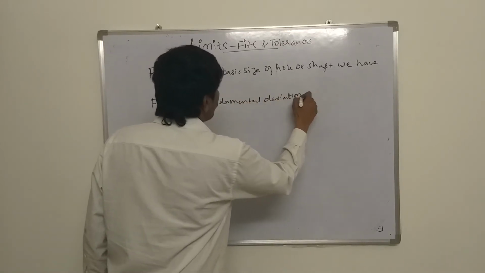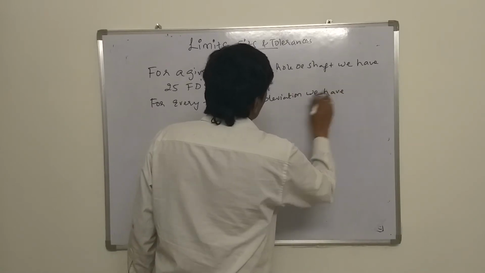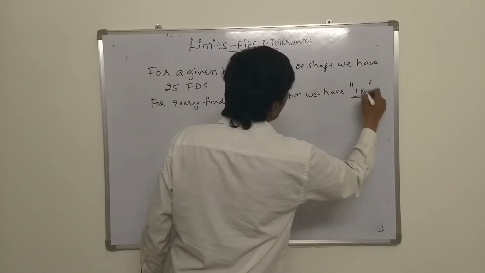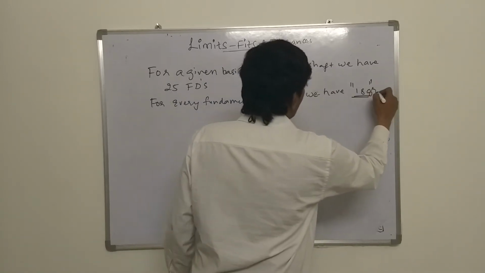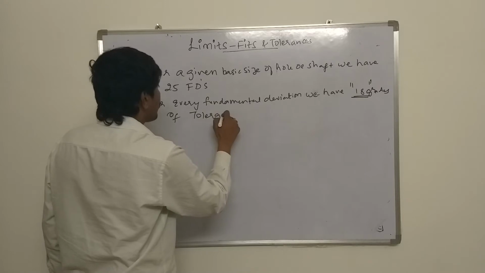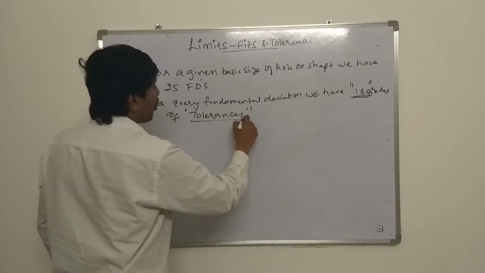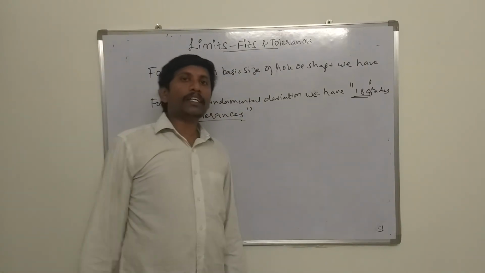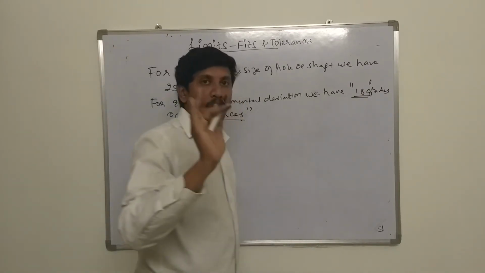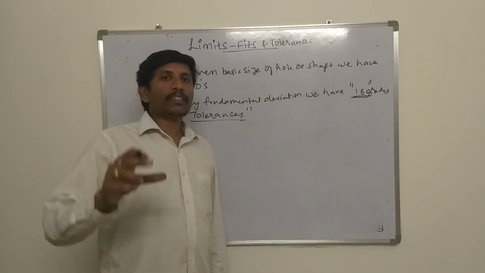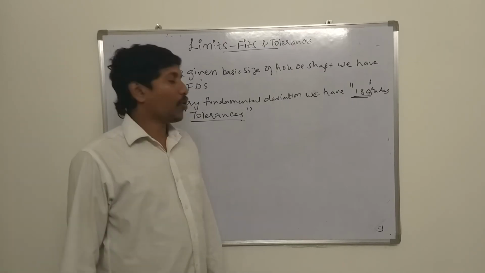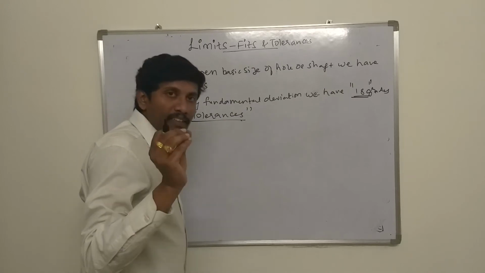For every fundamental deviation, we have 18 grades of tolerances. The tolerance grade denotes the accuracy of manufacture. So what are the 18 grades of tolerances?